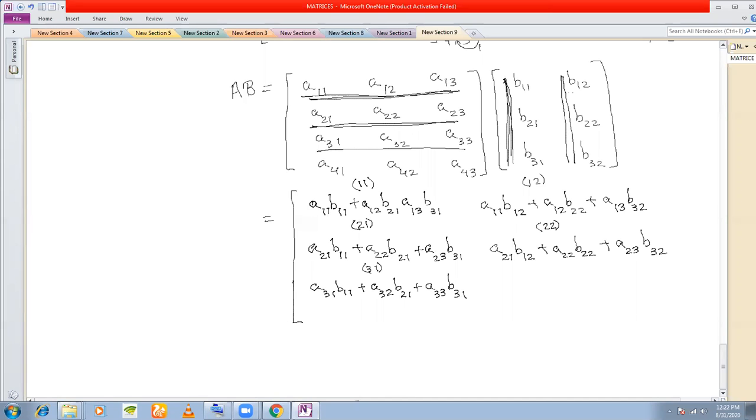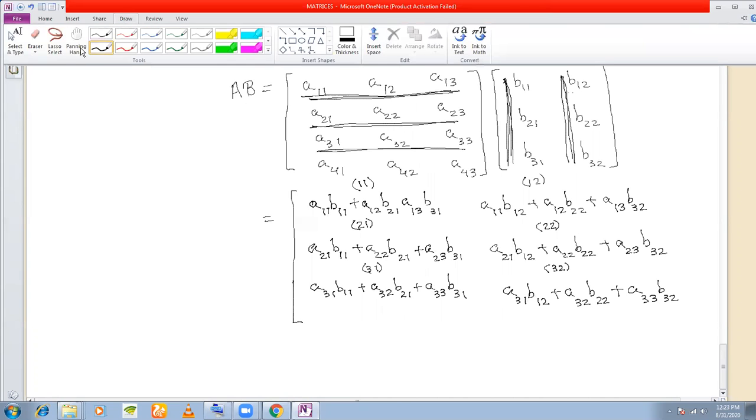Next we multiply the third row with the second column to get the third row second column element of the product matrix: A31 B12 plus A32 B22 plus A33 B32.